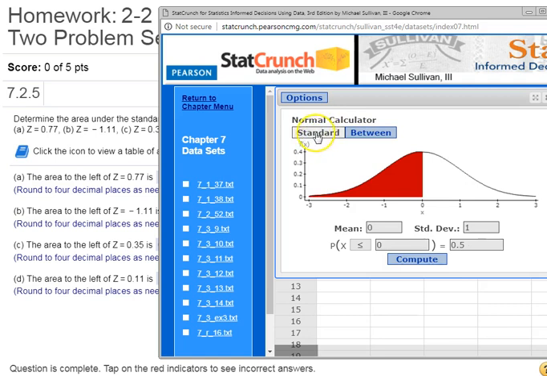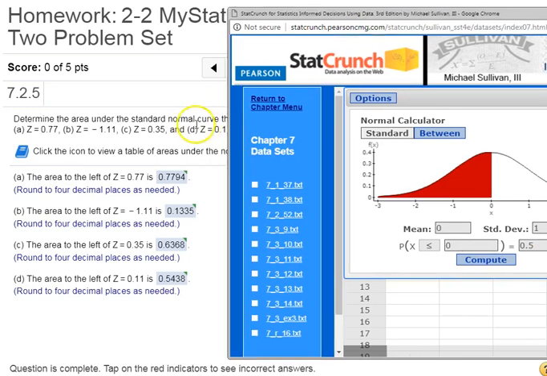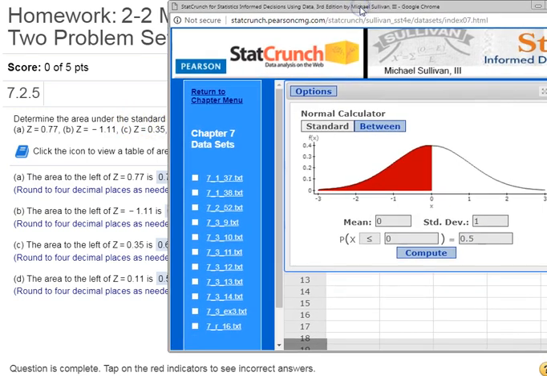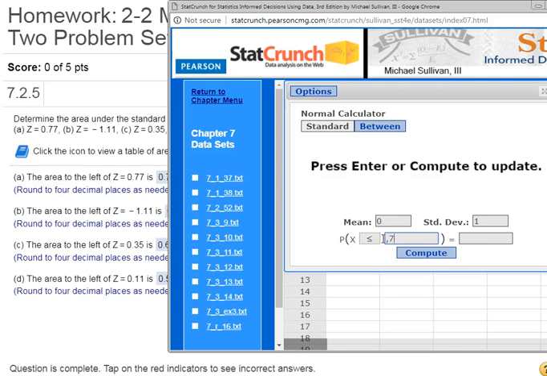We want to click on Standard here because we're just looking at one data value, and a mean of 0 and standard deviation of 1 is the standard normal curve. That means we're dealing with z values. So for P less than or equal to, you type in what you're looking for, 0.77, and hit Compute.